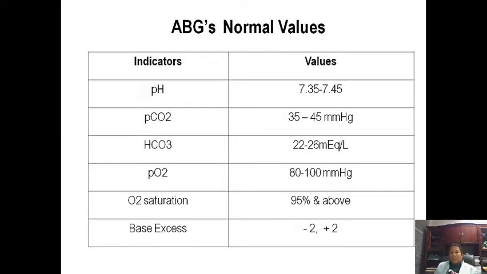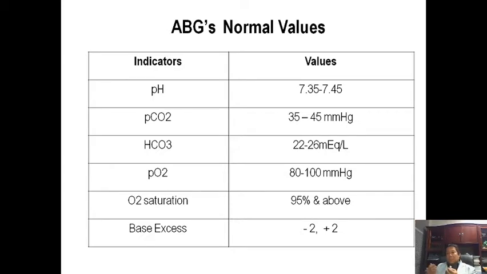The partial pressure of carbon dioxide, or PCO2, should be between 35 to 45 millimeters of mercury. If the patient is hypoventilating, if the patient has a decreased respiratory rate, for example, the partial pressure of carbon dioxide will increase because the patient will be retaining carbon dioxide. So the more carbon dioxide you have in your system, the higher your partial pressure of carbon dioxide will be.